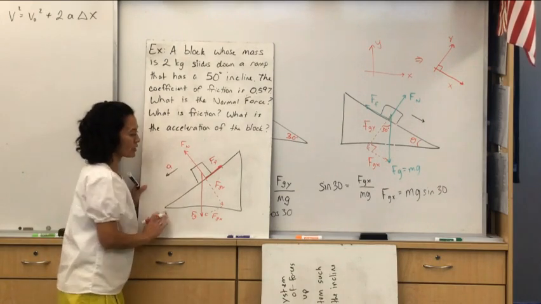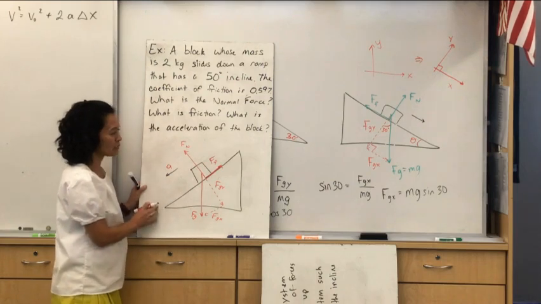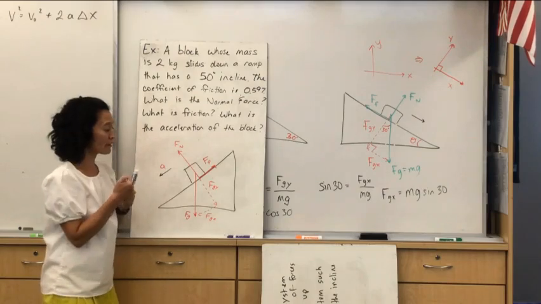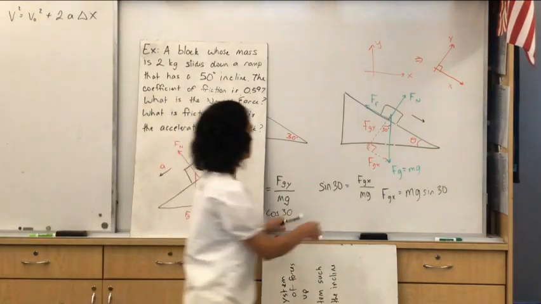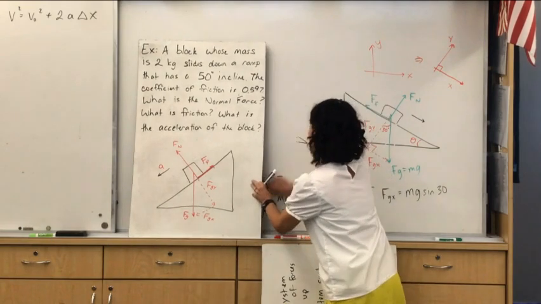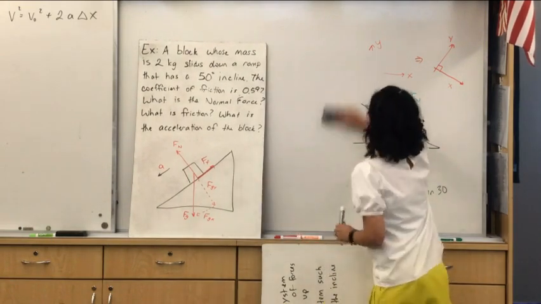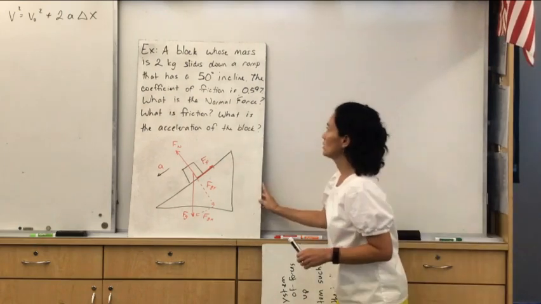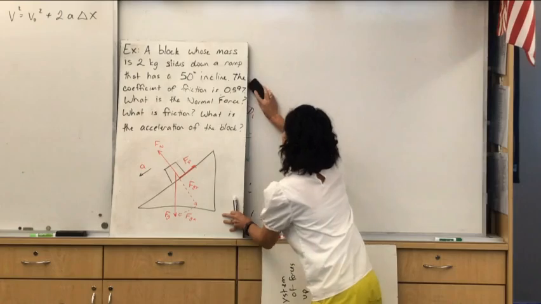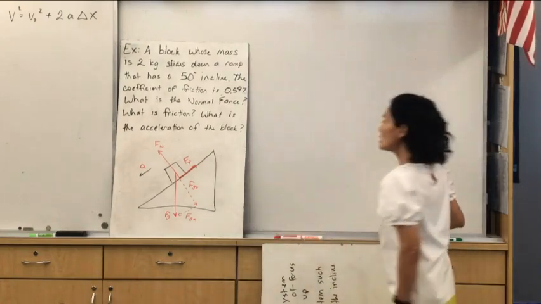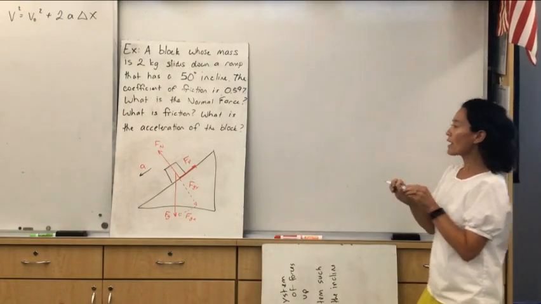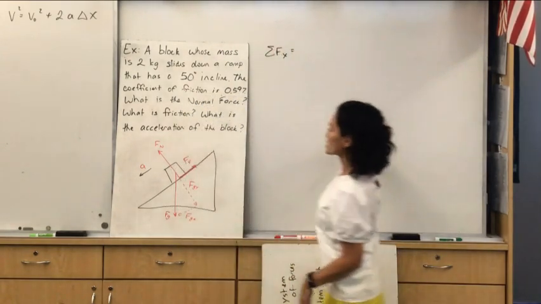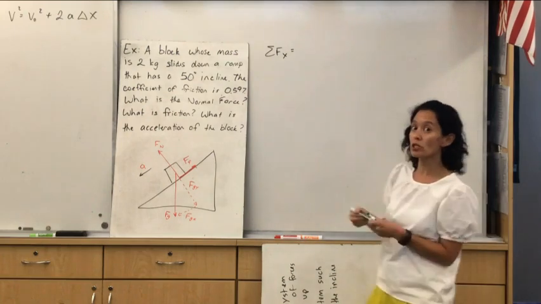So this is my force diagram, and now I'm going to use my equations to figure out how these forces combine. So let's start out with our Fx, horizontal forces. And again, remember, we've tilted our axis.